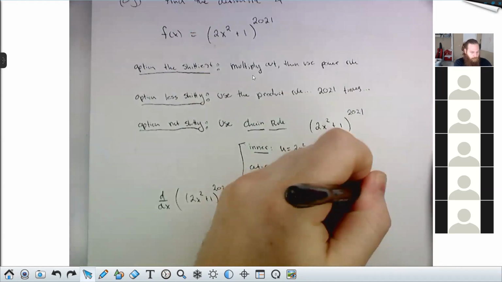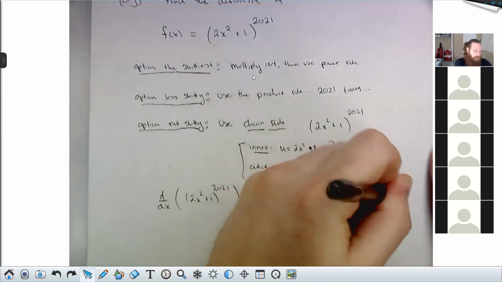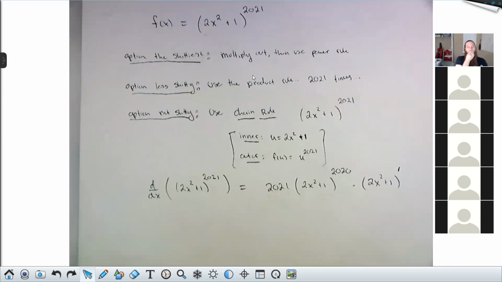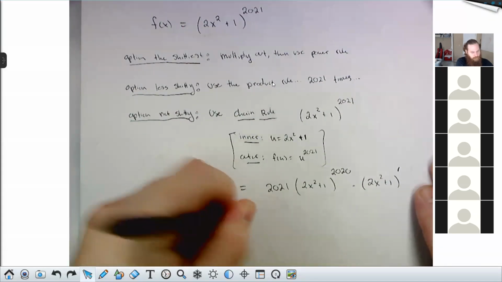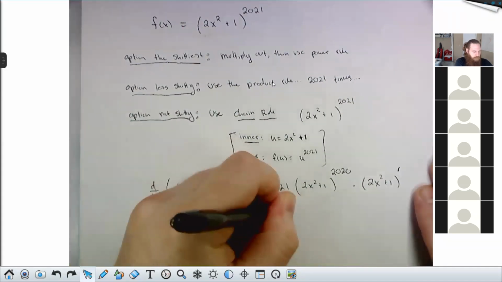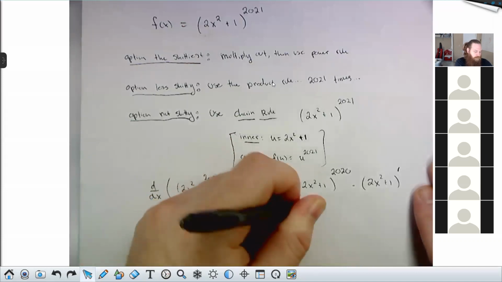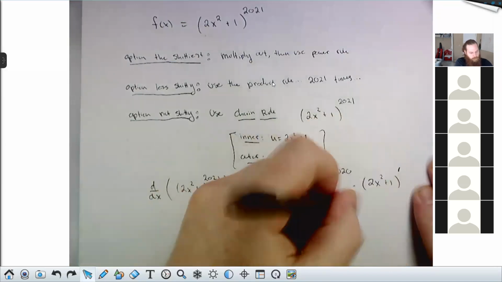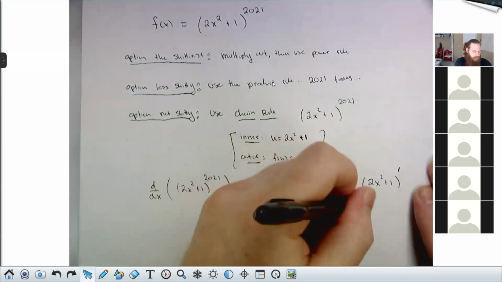And then I multiply by the derivative of the inside, which I'll write schematically as this. So what do I get? I get 2021 times 2x squared plus 1 to the 2020 times the derivative here, which is 4x.